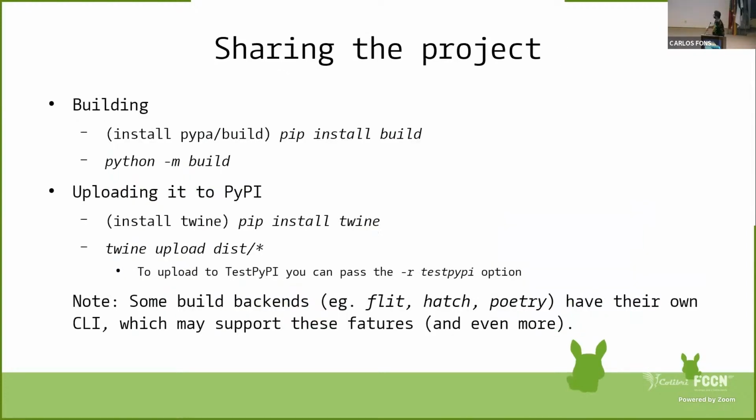So after you have done that and you have your project, you want to build your package, and then you probably want to upload it to PyPI. A generic way to build your package is to use the PyPA build tool. After installing it, you just run python -m build, and it will create the source distribution and the wheel file, which is the binary distribution, in this folder.